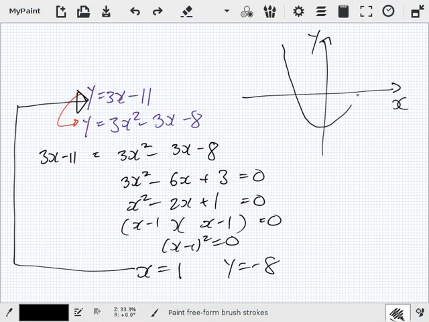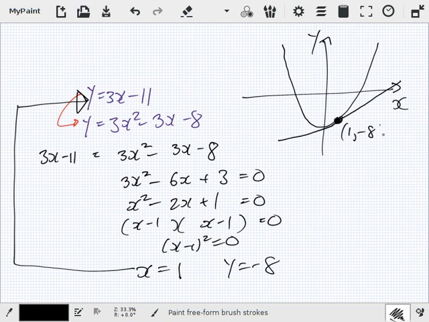It's like this. This is 1 minus 8. Yeah? It only meets once at 1 minus 8.